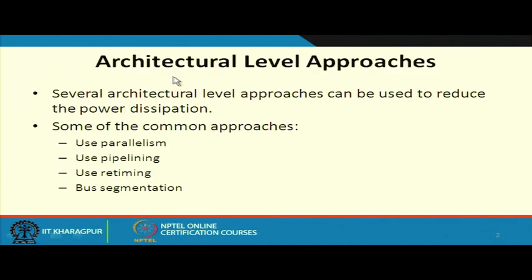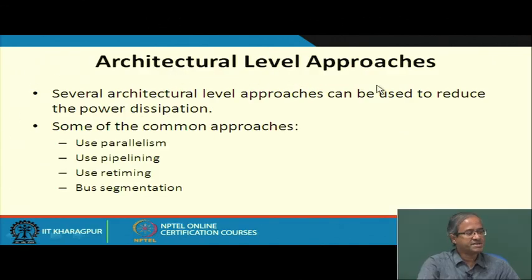So, we look at some of the architectural level approaches here. Architectural level approach means we are not looking at the level of detail where I have the gates and flip flops. We are looking at a slightly higher level, maybe at the register transfer level. We have multipliers, adders, we have a pipeline. We are thinking globally at that level. We are not looking at the level of gates.